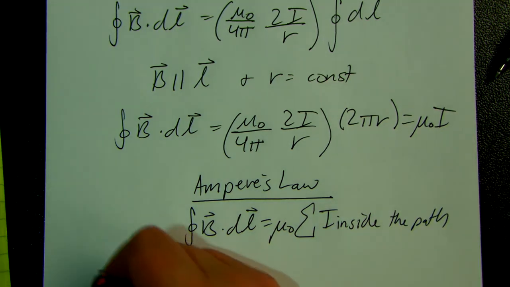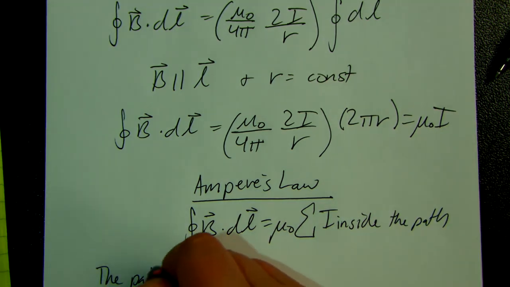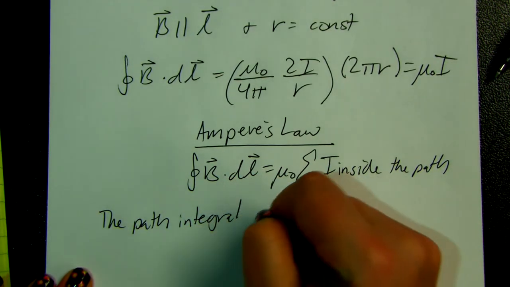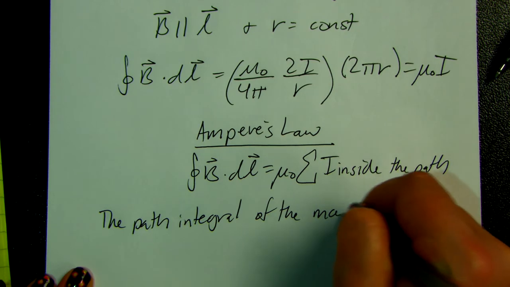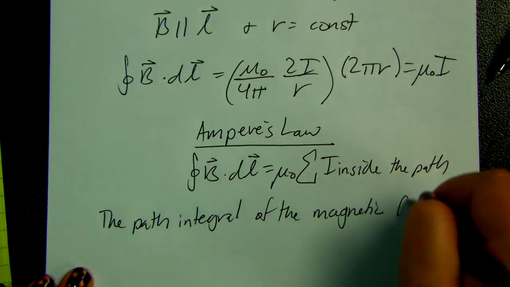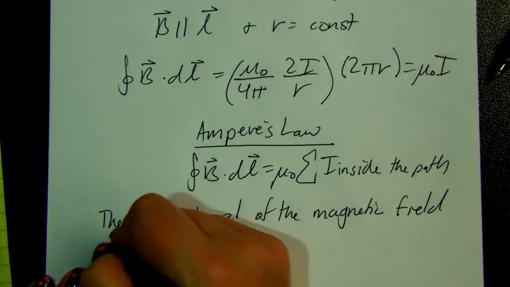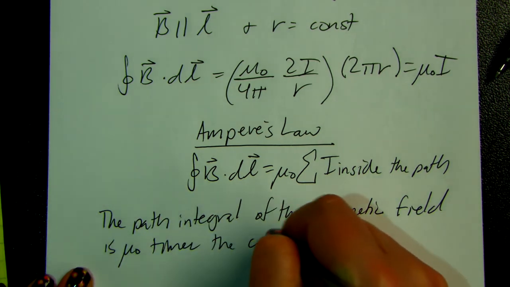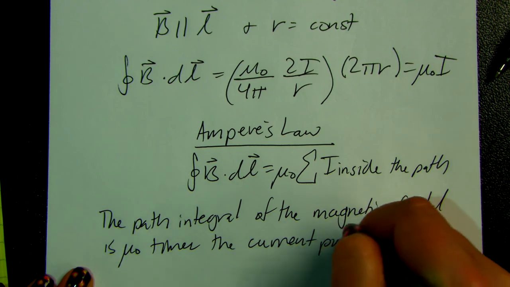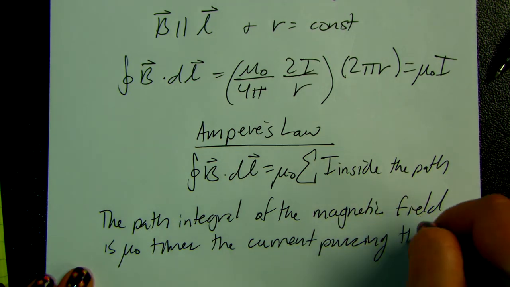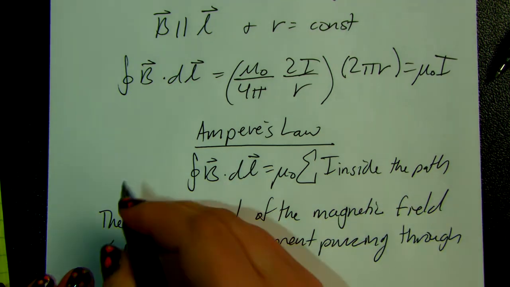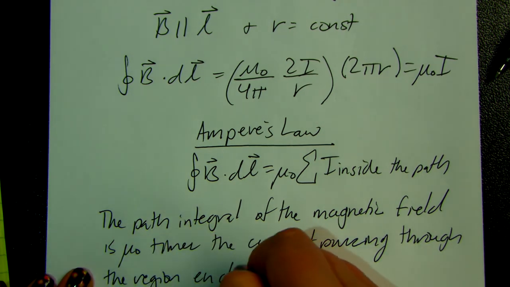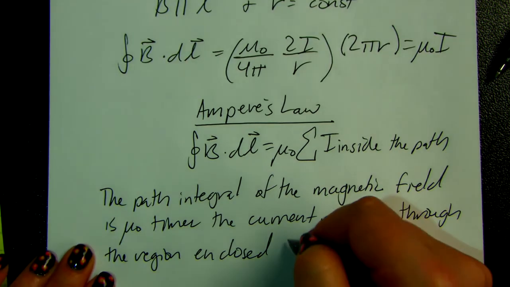So in words, the path integral of the magnetic field is mu naught times the current passing through the region enclosed by the path.